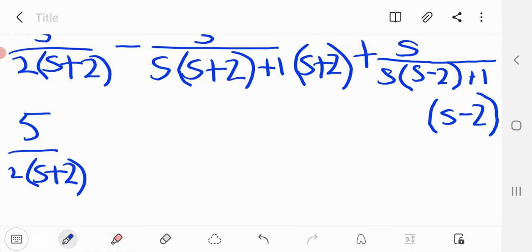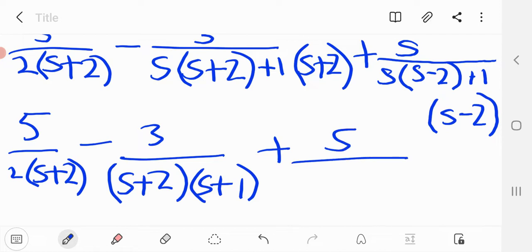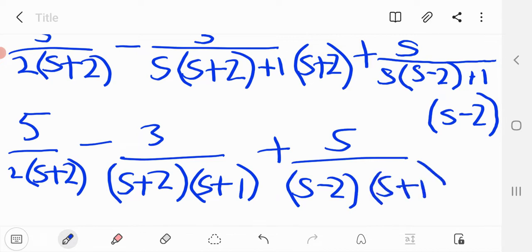As I am converting them, minus 3 divided by, s plus 2 can be taken as common, so the remaining term is s plus 1. Similarly, plus s divided by, s minus 2 can be taken as common, so the remaining is s plus 1.